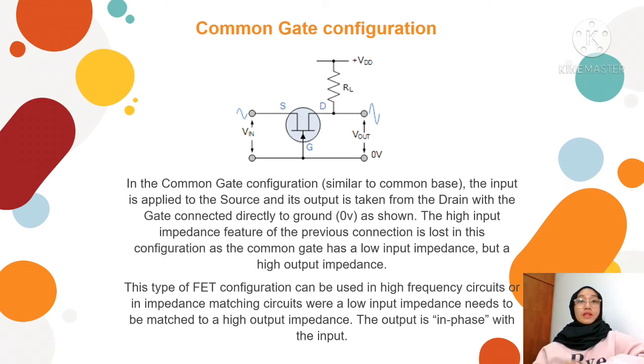This type of FET configuration can be used in high frequency circuits or in impedance matching circuits where a low input impedance needs to be matched to a high output impedance. The output is in phase with the input.